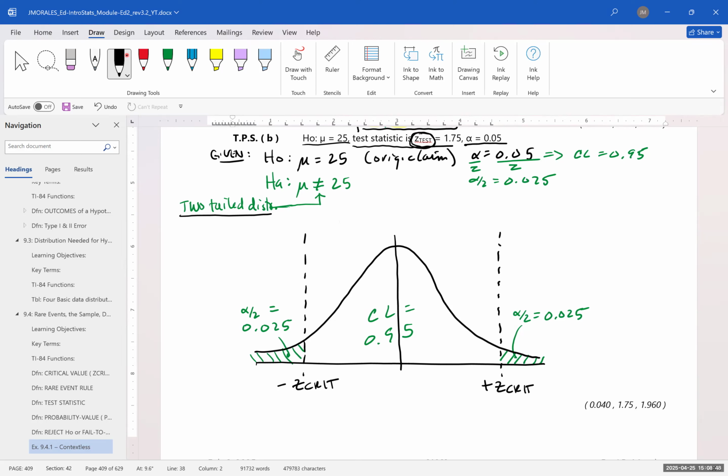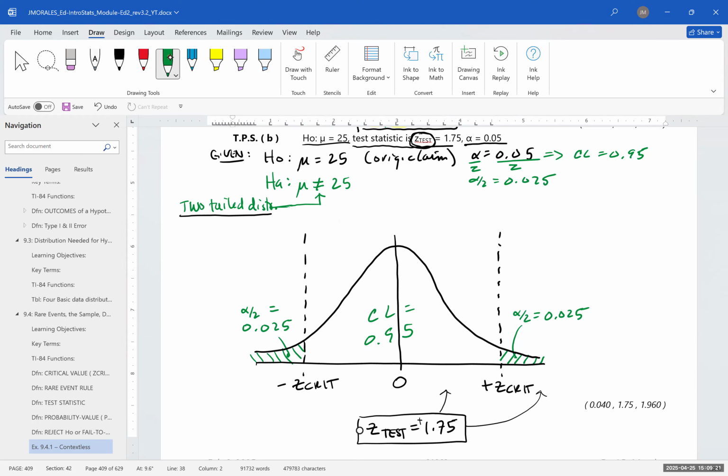And what we were given is a Z test statistic, which comes from our sample data, of 1.75. Okay, and that's a positive number. So ultimately, what we're going to be trying to figure out is this 1.75, is it between 0 and our positive Z critical number, or is it above that?